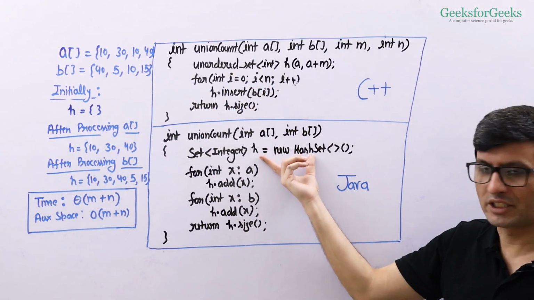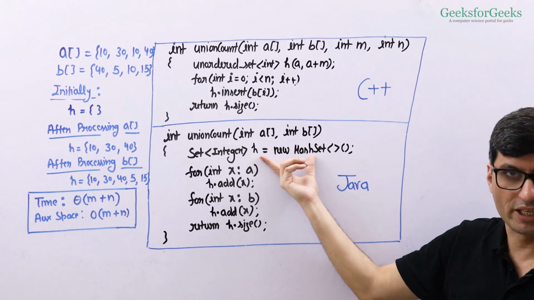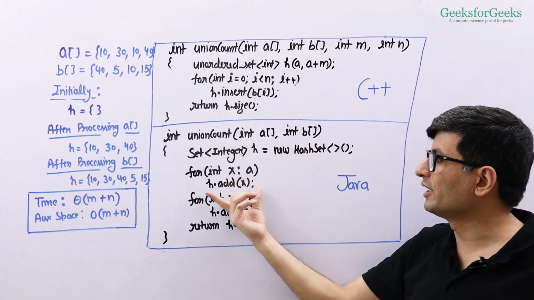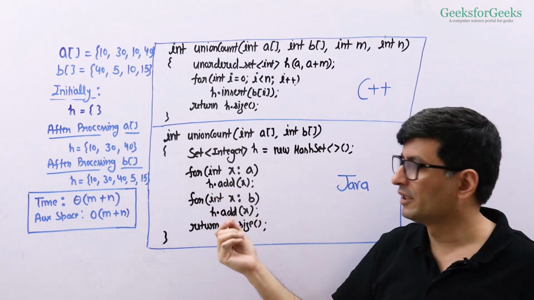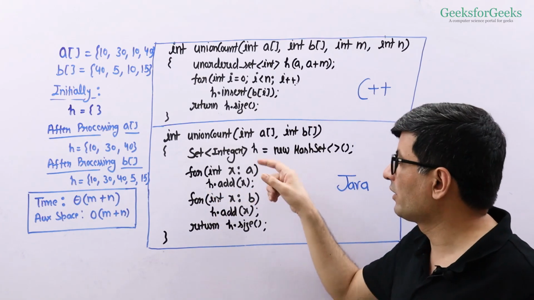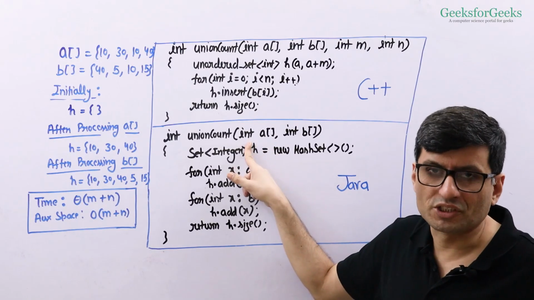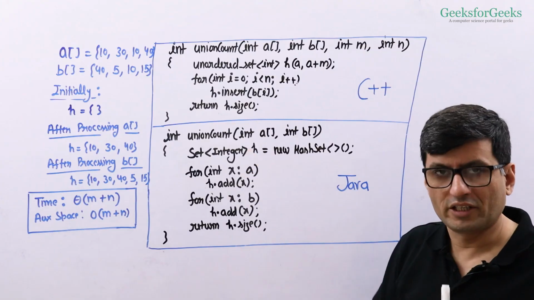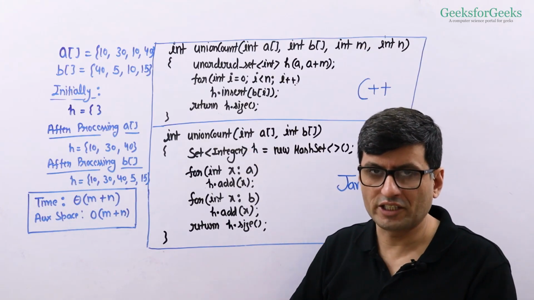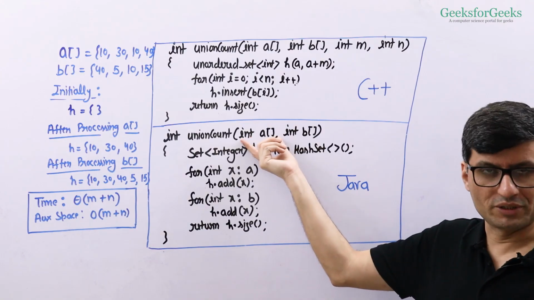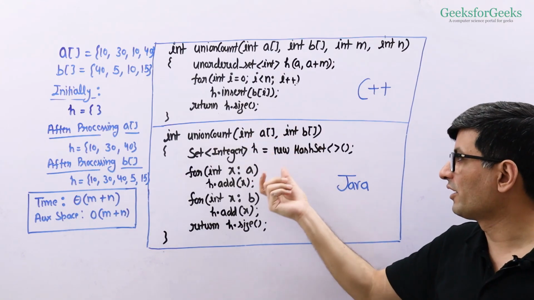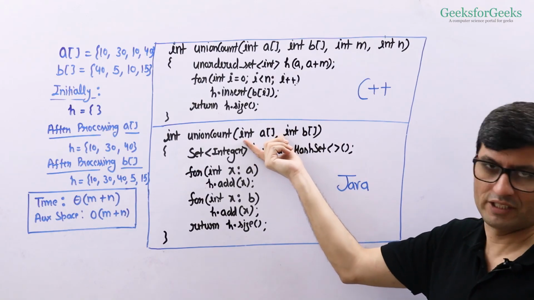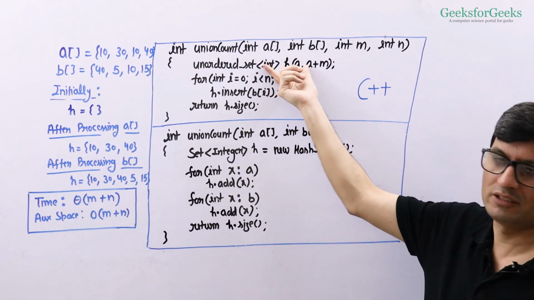In Java, we first create an empty hash set. Then we insert all the elements of array A one by one. See, in Java, if you have an Integer array, which is a wrapper over int, Integer is a class, right? So if you have class objects, then you can directly create a hash set using array elements like you can in C++.